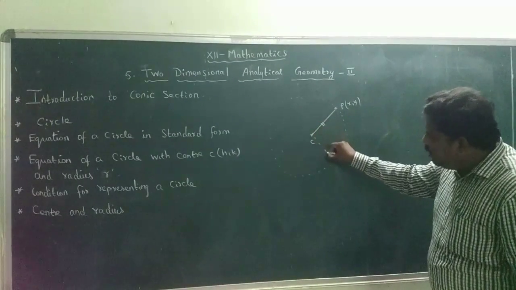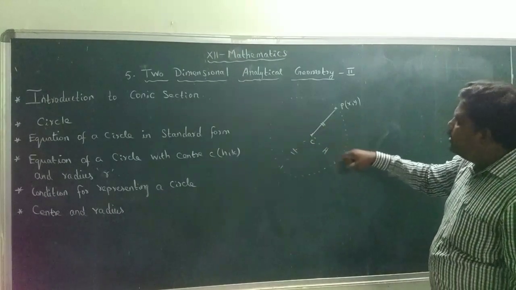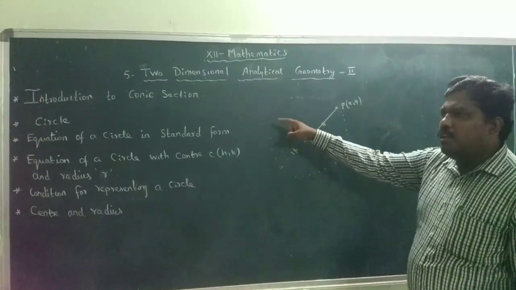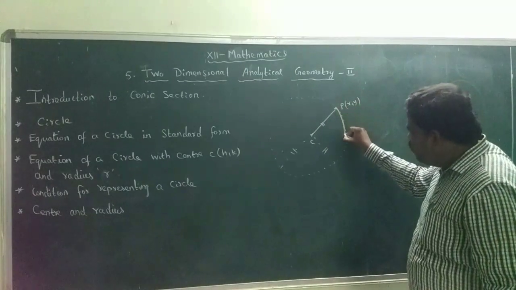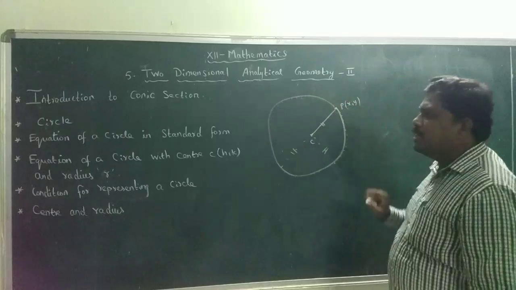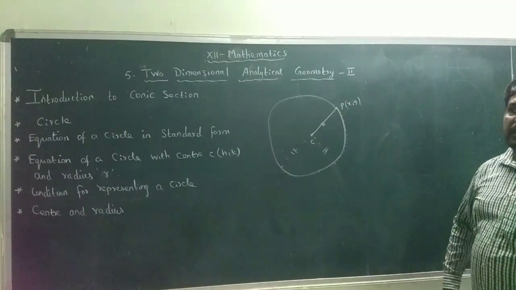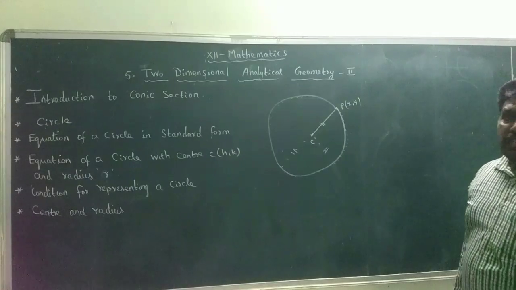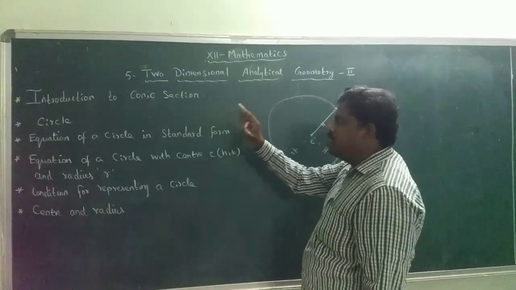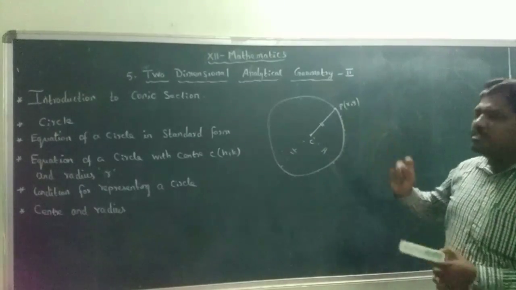So wherever you look, the distance will be the same. According to this condition, if the point P moves and you trace the moving point, you get a shape called a circle. So this is known as the locus of a circle. This is how we bring the condition into the conic, the circle. So we now know how the circle arises.